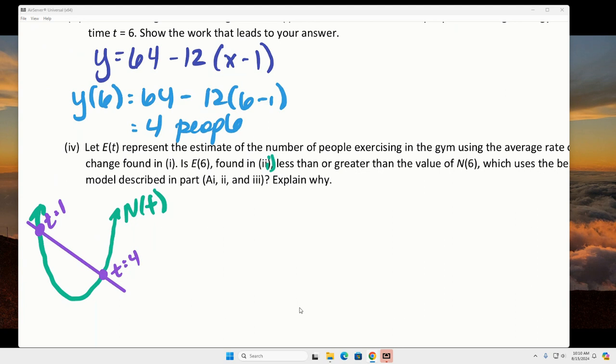Okay, so the question is, is E of 6 going to be less than or greater than N of 6? And so this secant line is E. So is the 6 going to fall in between our 1 and 4 or outside? Yeah, it's going to be like right here. And we would need to continue that up.